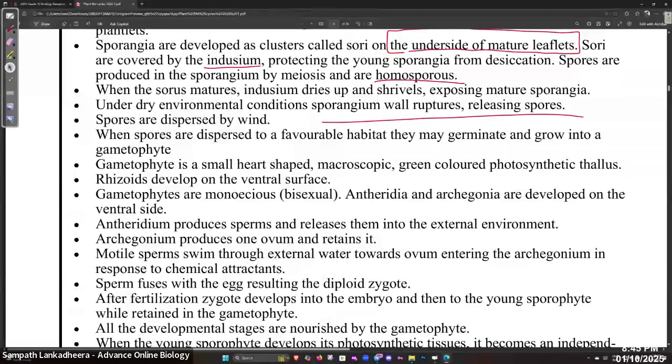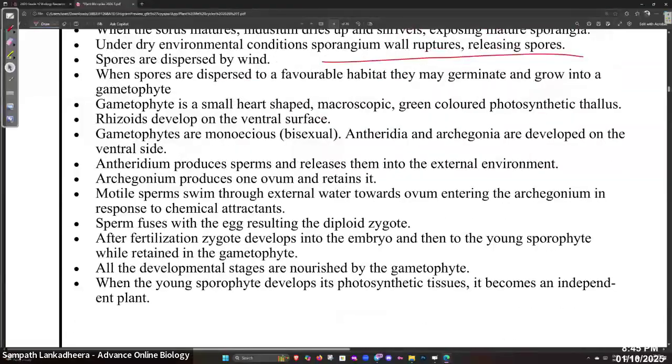The gametophyte is a small, heart-shaped, microscopic, green photosynthetic thallus. Rhizoids develop on the ventral surface.